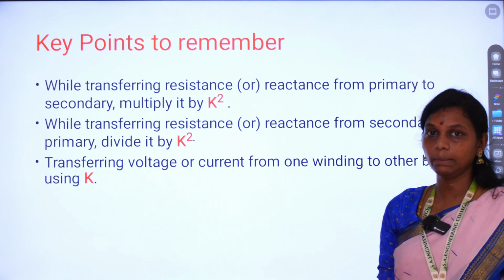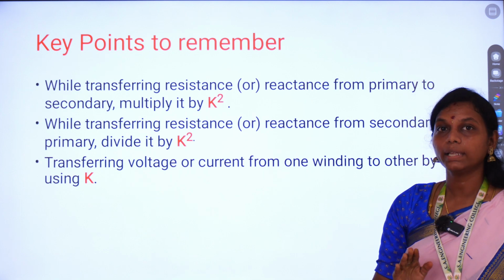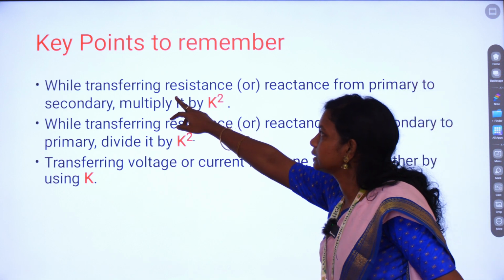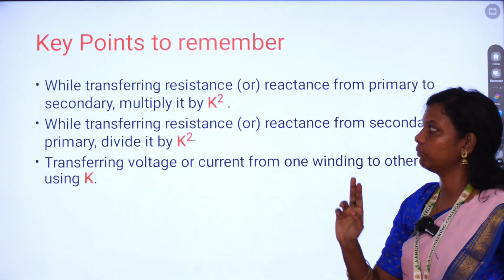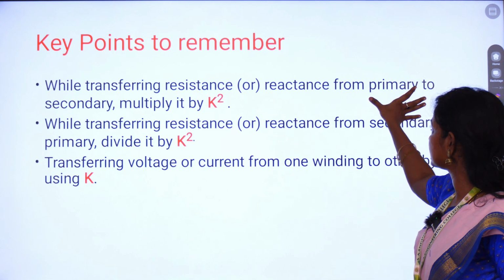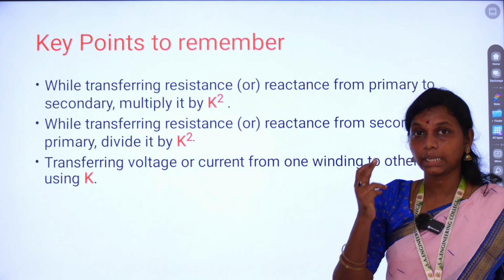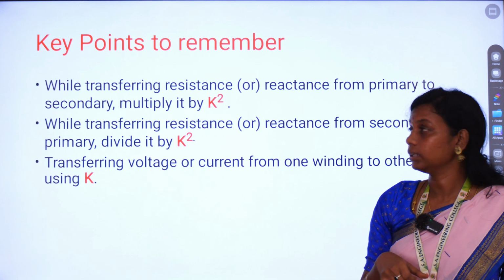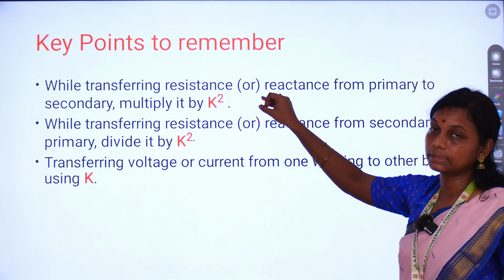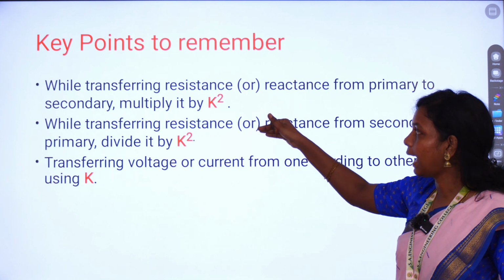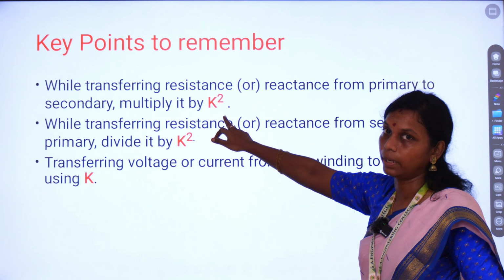So what are the key points you have to remember while converting the equivalent circuit? The first point is transferring resistance or reactance. While transferring from primary to secondary, that is while converting the resistance or reactance, R1 or X1, R2 or X2, we have to multiply by K square.